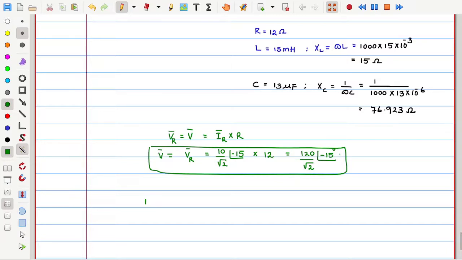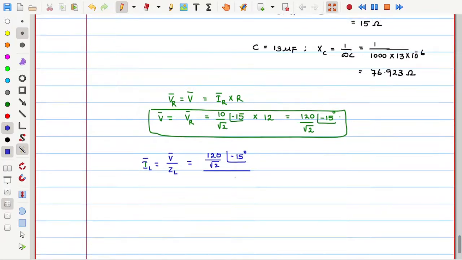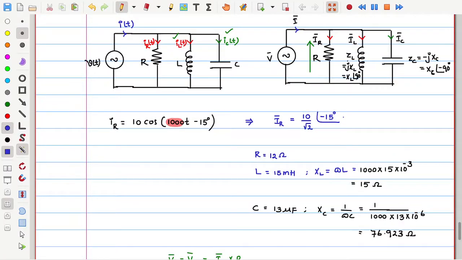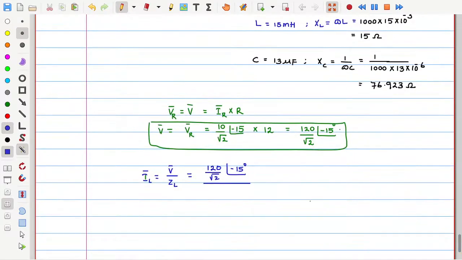Now what I need is the inductor current, IL bar, which is equal to V bar divided by ZL. V bar is 120 by root 2 at an angle of minus 15, divided by ZL. How much is ZL? ZL is jXL, or XL at an angle 90. XL is 15. So can I write this as 15 at an angle 90?